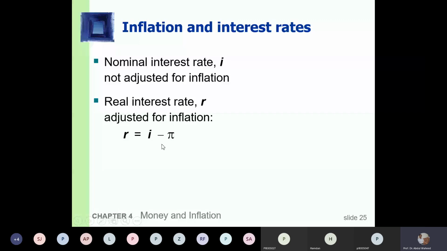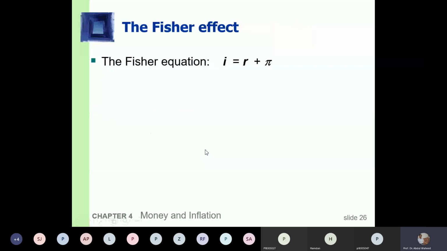And then we have the Fisher equation. The Fisher equation is just a readjustment of this relationship, and it says that the nominal interest rate equals the real interest rate plus the inflation rate.